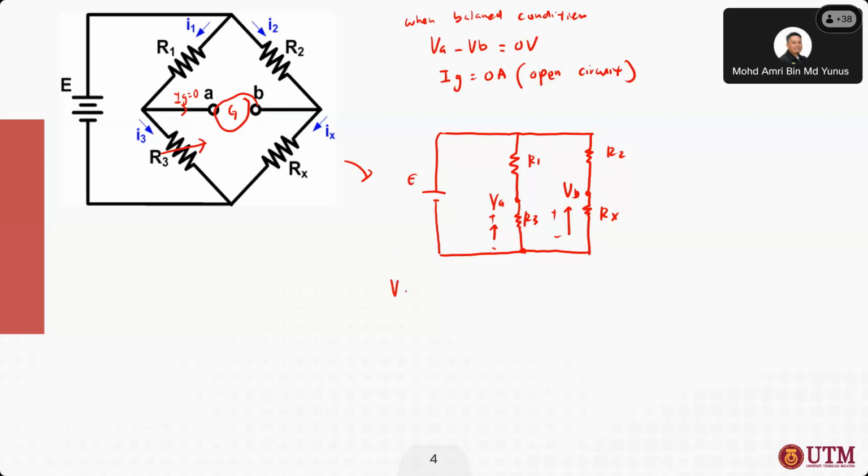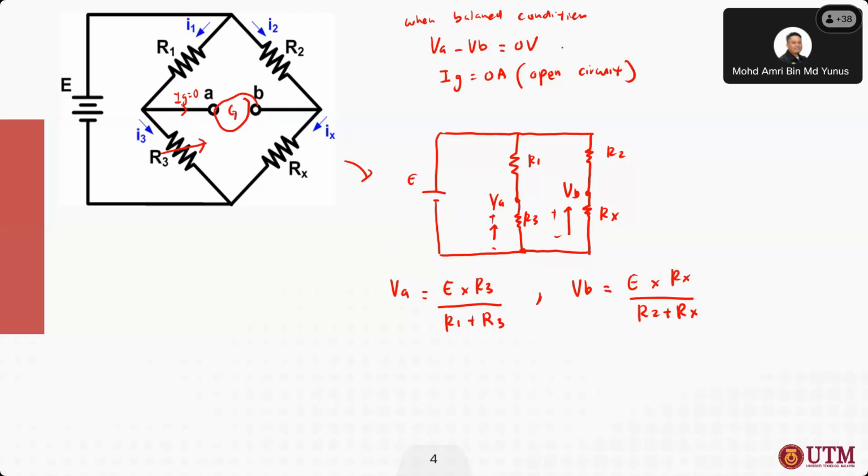VA is equivalent to E multiplied by R3 over R1 plus R3, whereas VB, the potential of VB, is equivalent to the main power supply multiplied by Rx over R2 plus Rx.